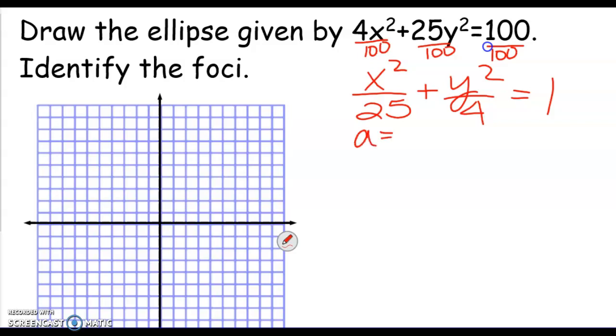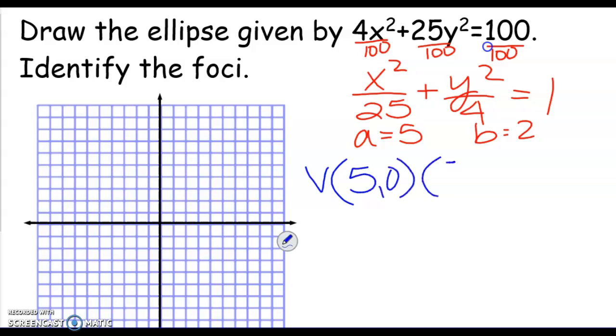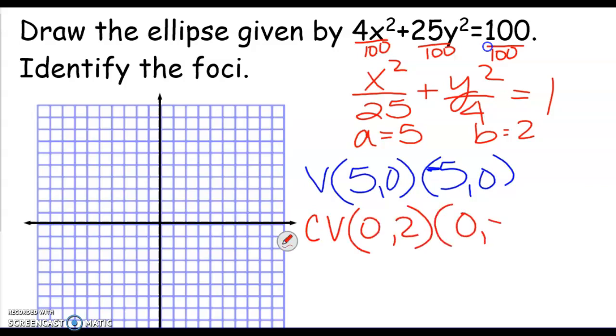So I know that a is 5, b is 2. My vertices. See how it's going to be wider in the x direction. 5, 0, negative 5, 0. And then my co-vertices are going to be at 0, 2, 0, negative 2.